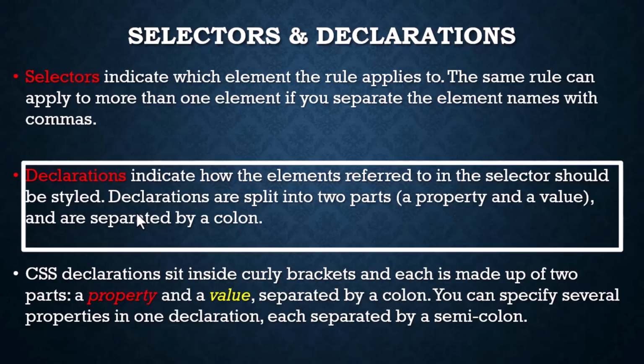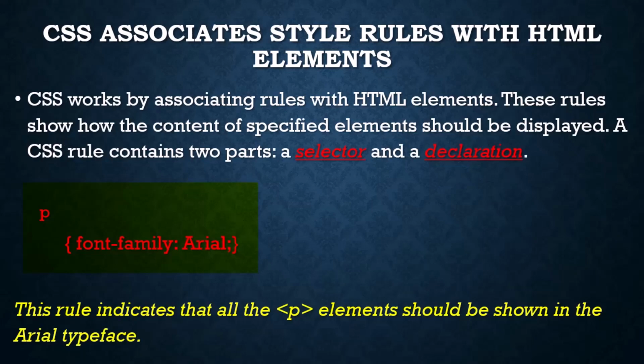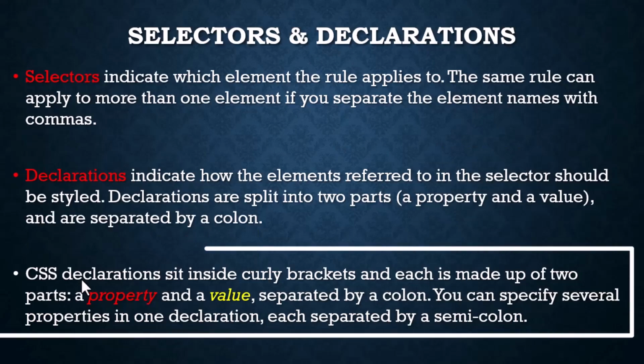So if you look at our previous examples, the selector is the P, okay, this paragraph here, whilst our declaration is the one in the curly brackets. CSS declarations sit inside curly brackets, and each is made up of two parts, a property and a value.